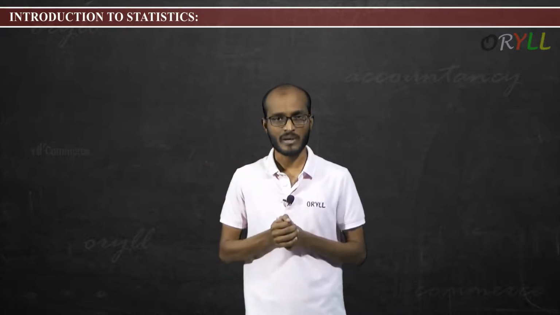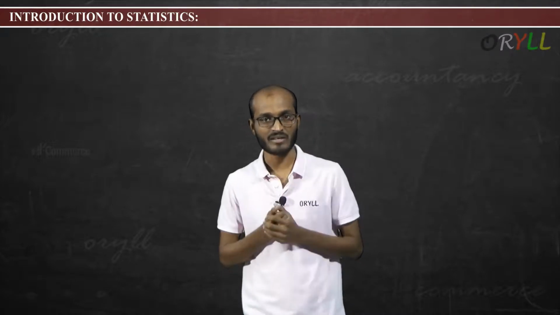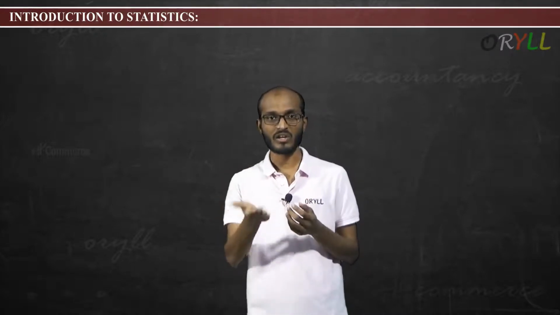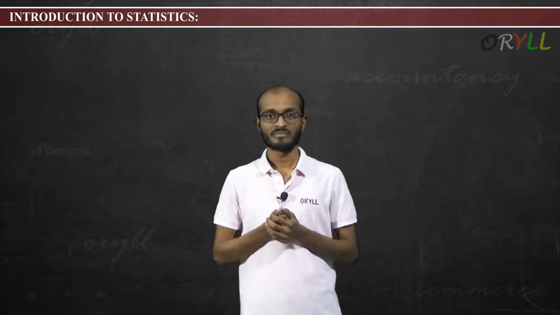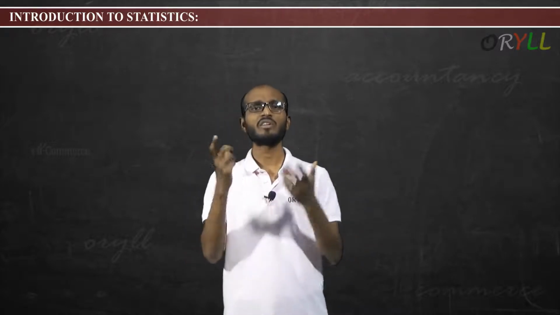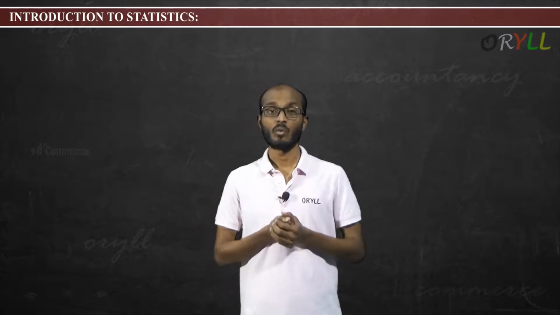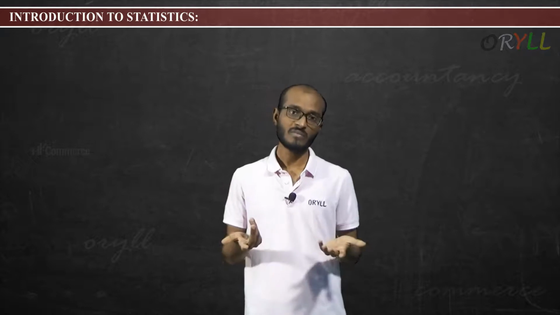What is the height of a person? Take your own height. You are not maintaining the same height from your childhood. It keeps on varying, right? Your height, weight, everything keeps on changing. Or the profits of a company. All these are variables. They are not fixed values. They keep on varying. Then what are constants? The gravity of the earth is a constant.